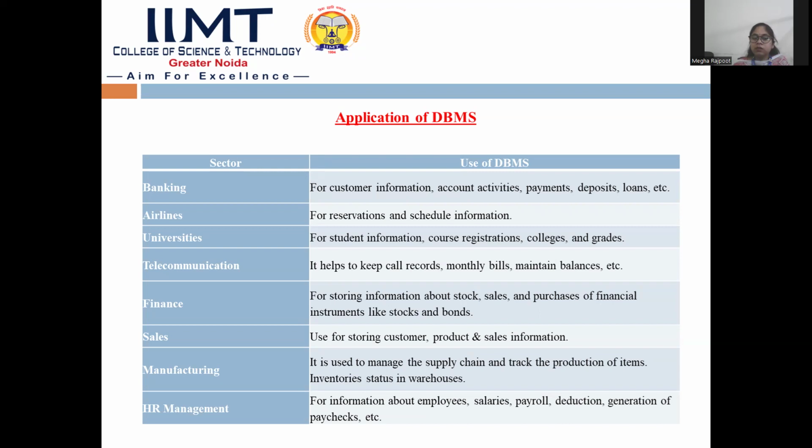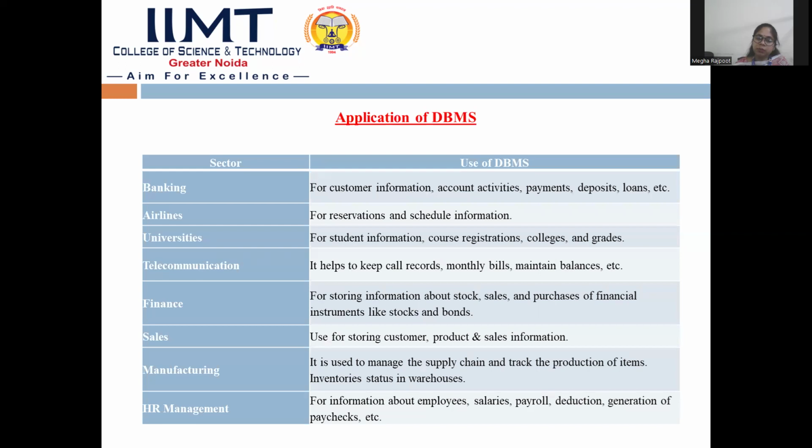In university, DBMS is used to manage student information, course registration, college, and grades. In telecommunication, DBMS is used to keep call records, monthly bills, maintain balance, etc. In the finance department, we use DBMS for storing information about stock, sales, and purchase of financial instruments like stocks and bonds. In the sales department, we use it for storing customer, product, and sales information.